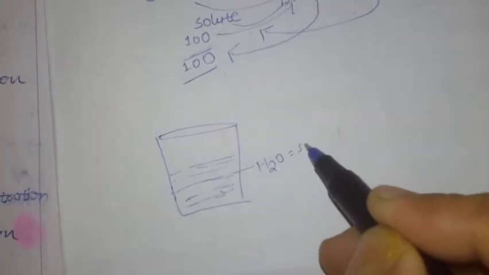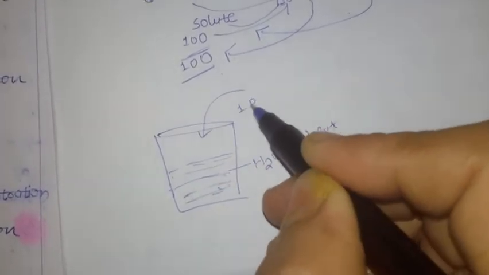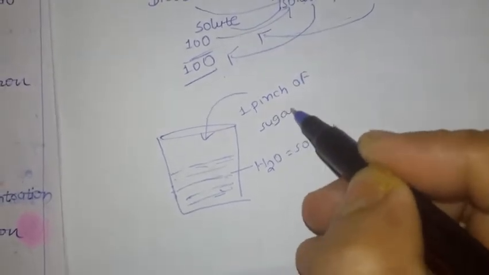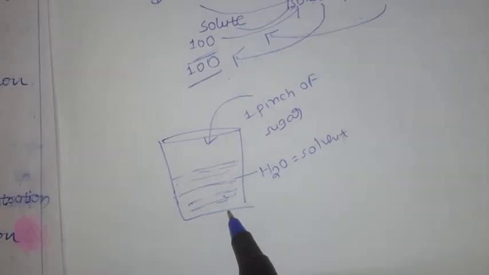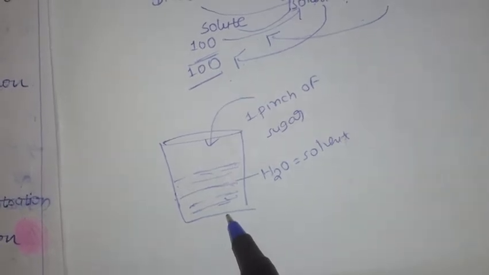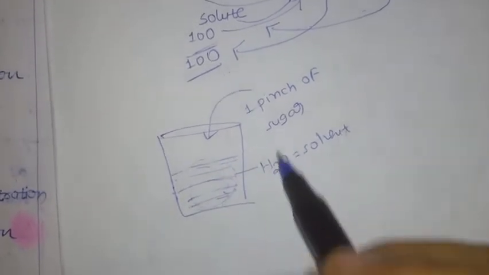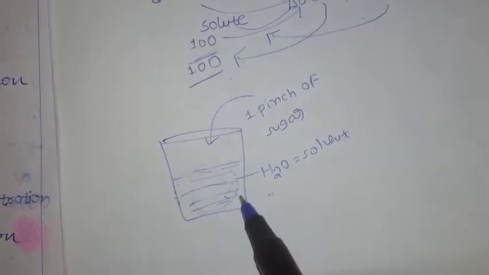You are going to add one pinch of sugar. Do you need heating? No. Without any heating you can easily observe the dissolving of sugar in the solvent, nothing but water. You need not go for the heating.